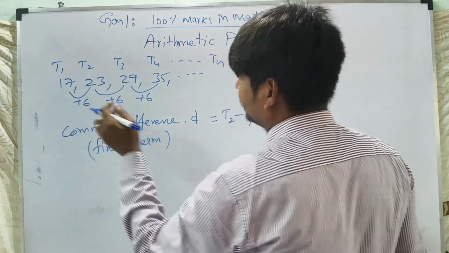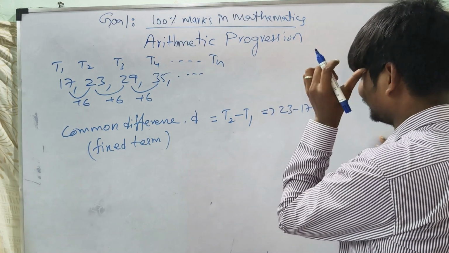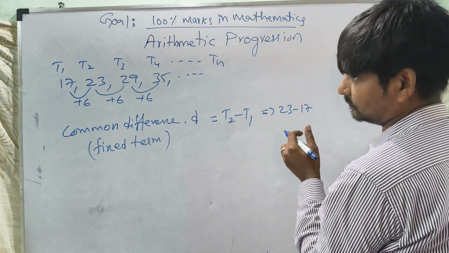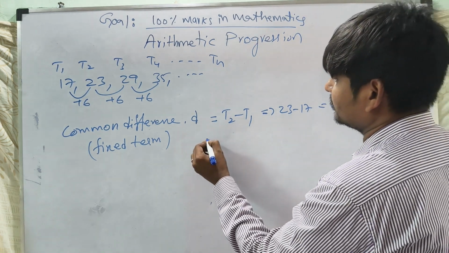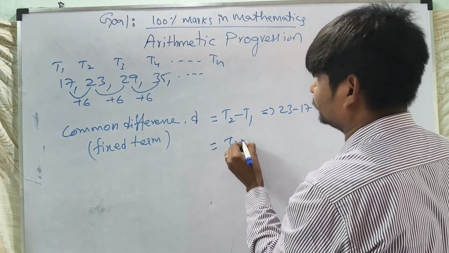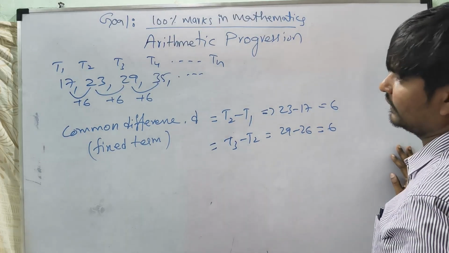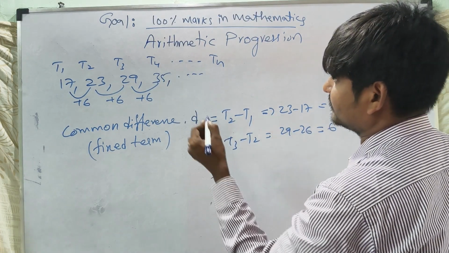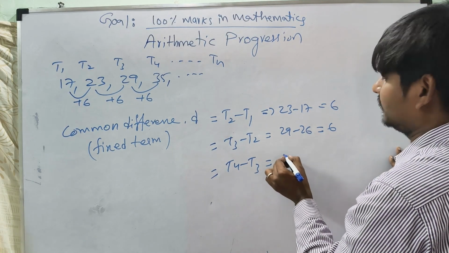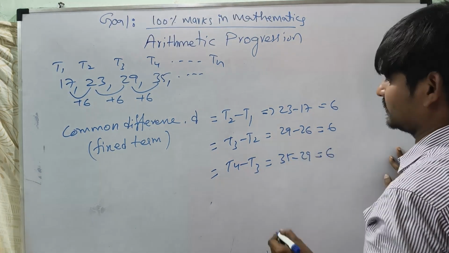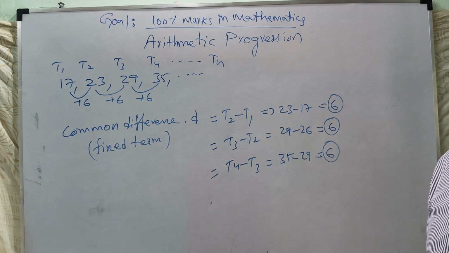If you do t2 minus t1, you will get 23 minus 17, which is 6. Similarly, t3 minus t2 is 29 minus 23, that is also 6. Again, t4 minus t3 is 35 minus 29, that is also 6. So this is what we call the common difference or fixed term.